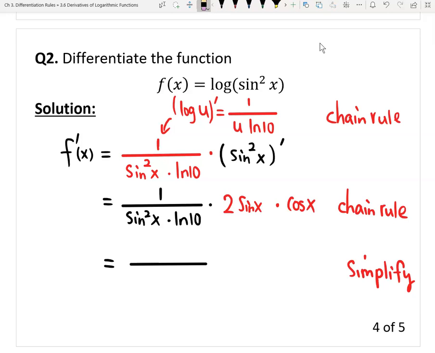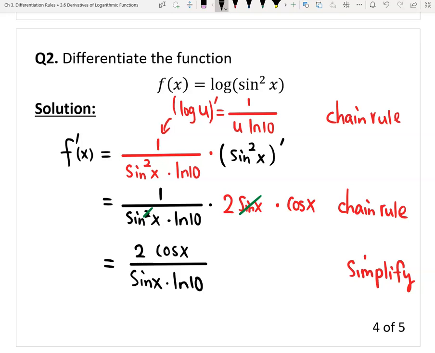And then what we left after simplifying: I divided out sine x on the top and bottom. So what we left is, at the top, 2 times cosine x. The bottom we left sine x times ln at 10.